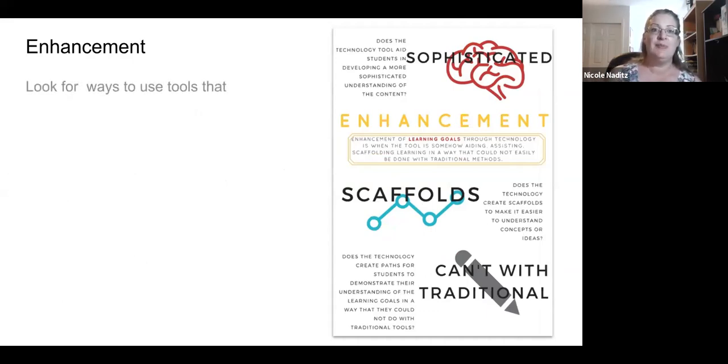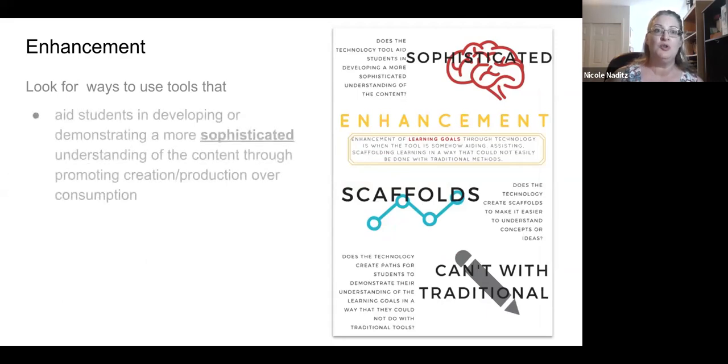So when she talks about enhancement, she's looking for ways that we as educators can use tools that aid students in developing or demonstrating a more sophisticated understanding of content, which we saw, again, remember there's overlap and connection. We saw that in engagement as well, through promoting creation or production over simple consumption, which we also saw on the engagement page. So there's, again, that overlap and connection.